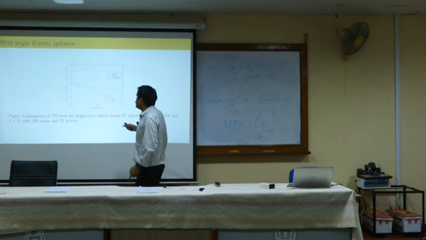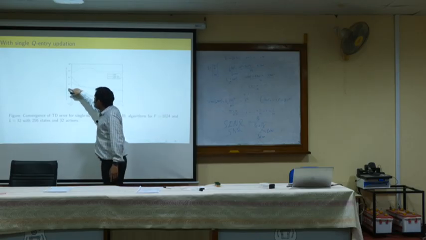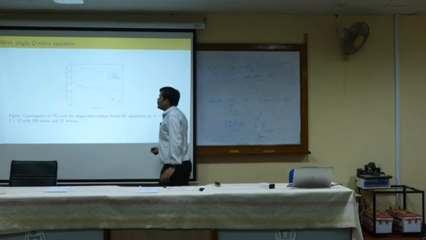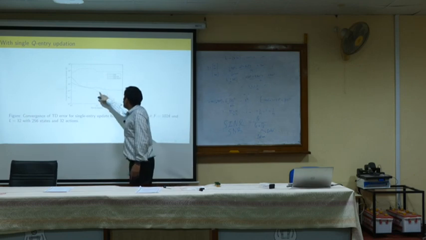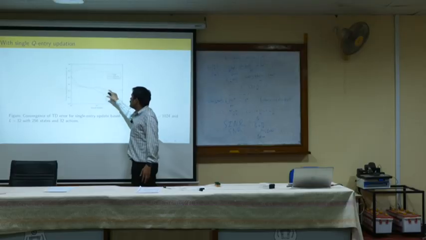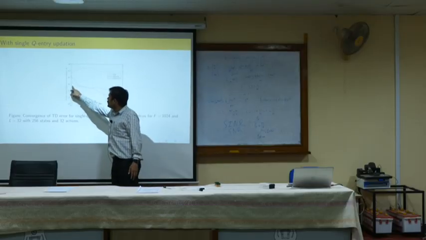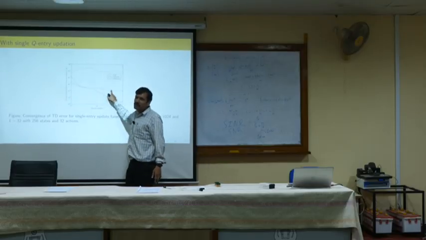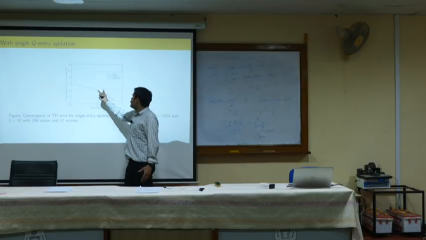Here we are seeing the average mean squared error per episode. That is very low for the non-linear function approximation, and for linear function approximation it is going a little bit high, and you see it is 10 to the power minus 3. That is very good. It means we are reaching convergence very well.